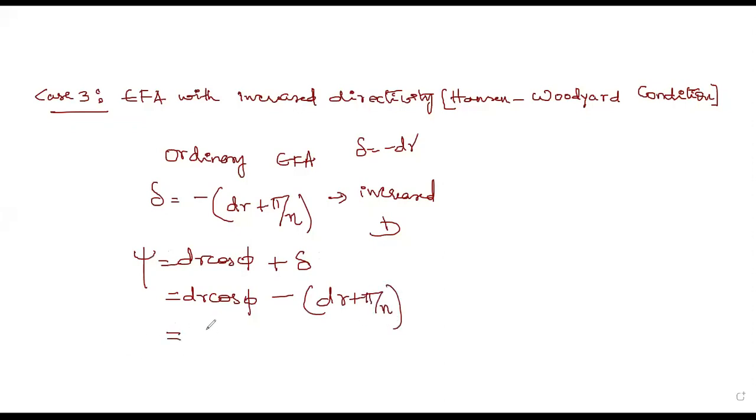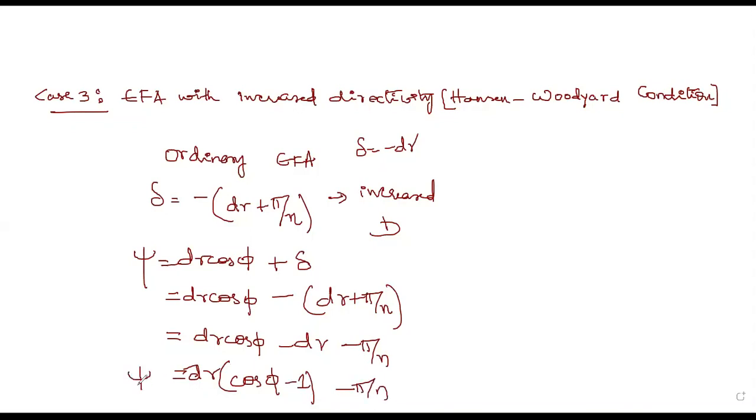So this is equal to dr cos phi minus dr minus pi by n. Take out dr common: it is dr times cos phi minus 1, minus pi by n. So this is the equation of xi for increased directivity. Xi is equal to dr (cos phi minus 1) minus pi by n.